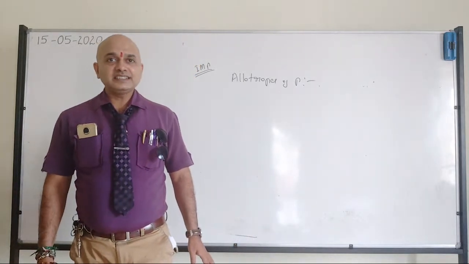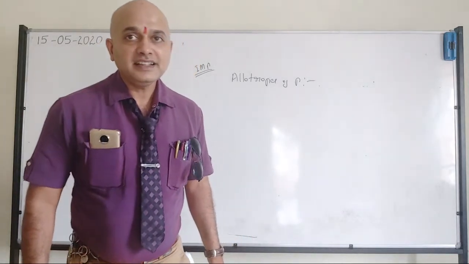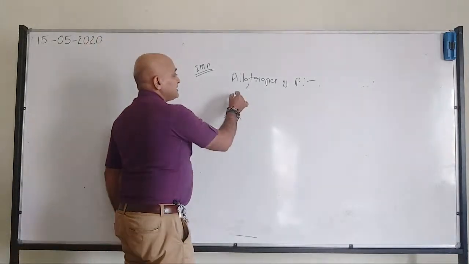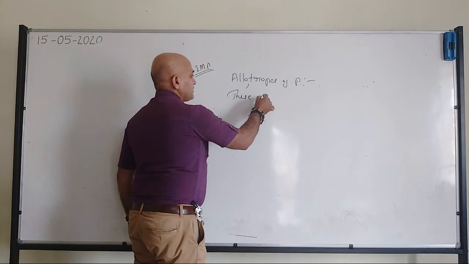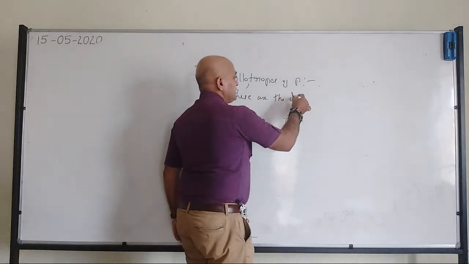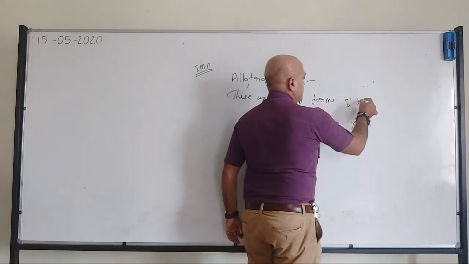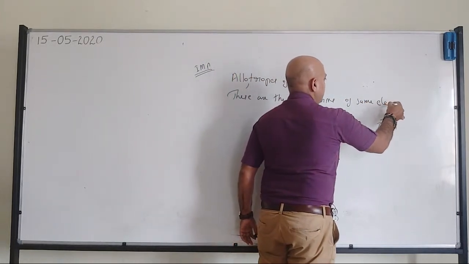Any answer? So allotropes means these are the different forms of the same element.